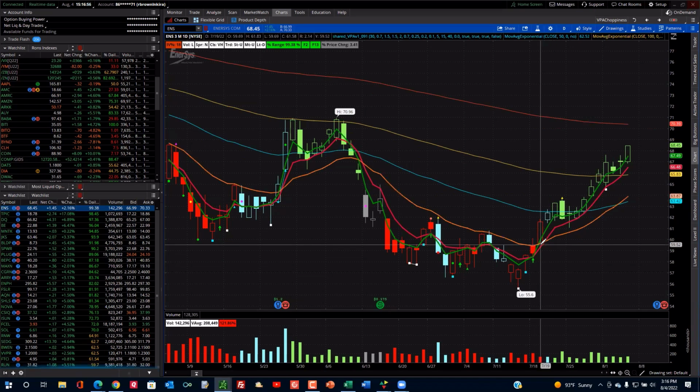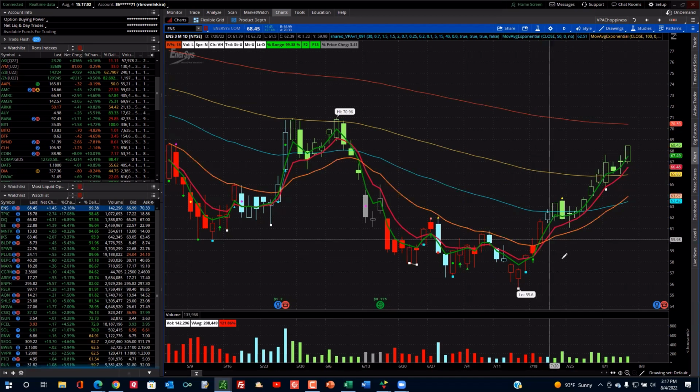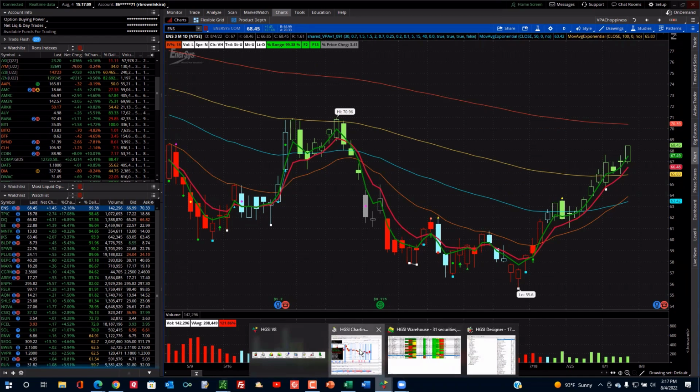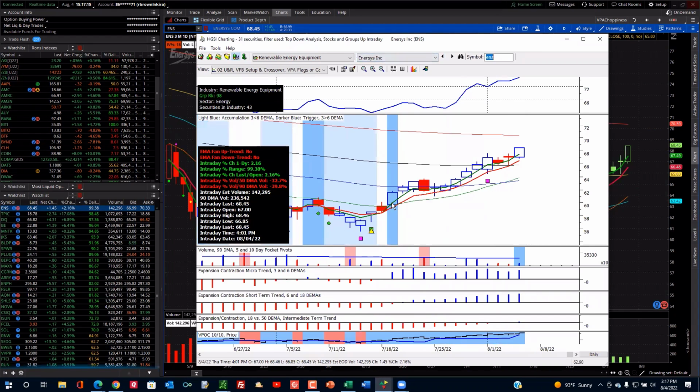Let's say it was purchased on this day, $59.52. It's up about $10. So let's go back quickly. What's the symbol? ENS. And there's a signal right there. I just want to show it to you on this chart.